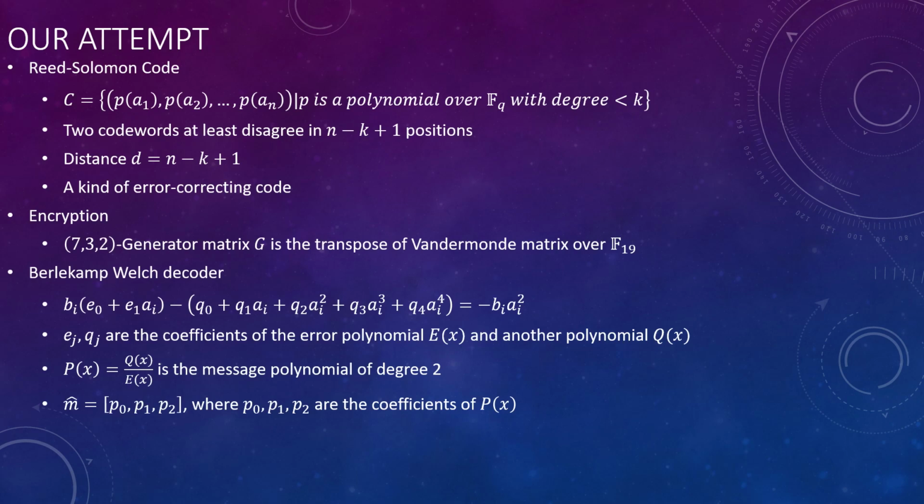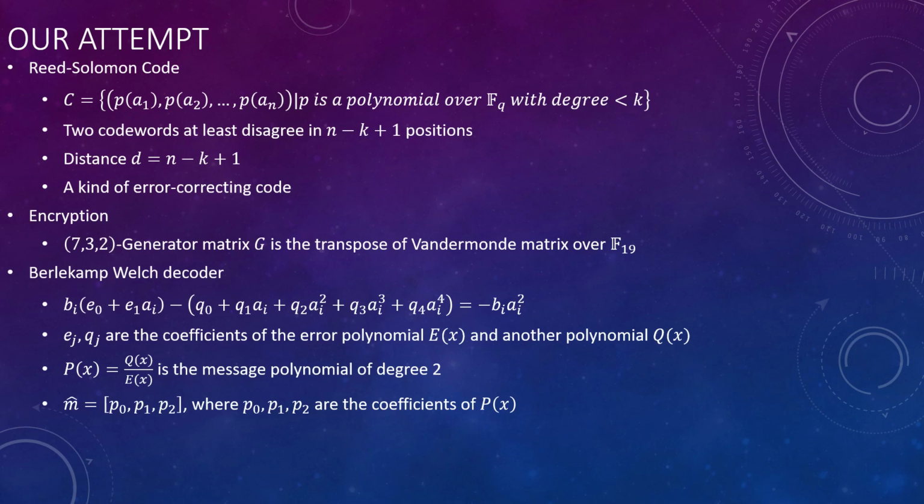The actual message polynomial is Q(x) divided by E(x), which is the definition in the decoder. So when we do the Gauss elimination, finding the E_i and the Q_i, we can perform such a division to find our message polynomial.